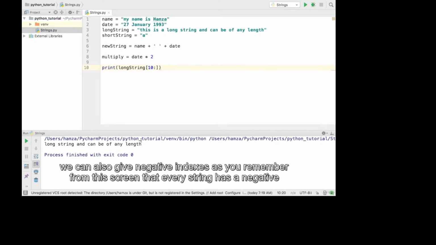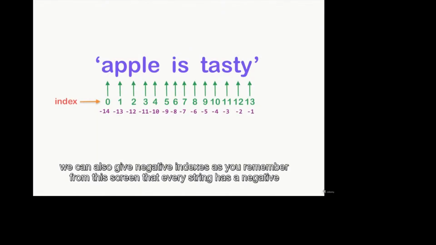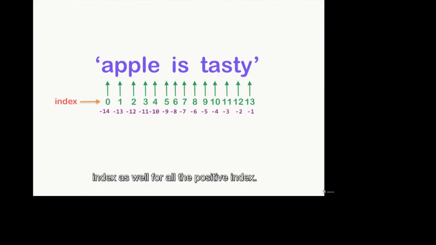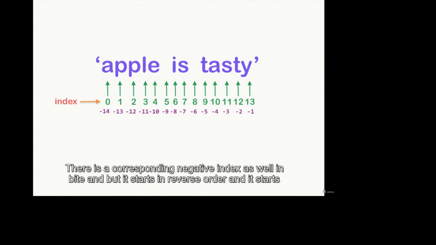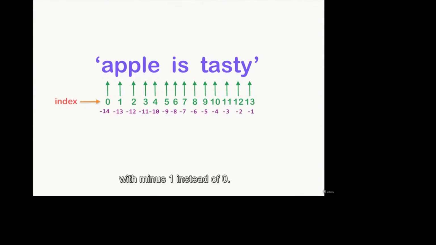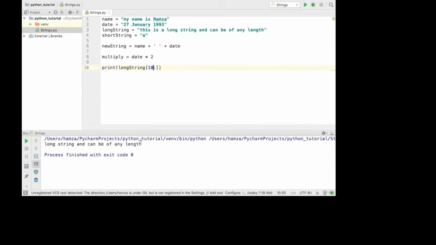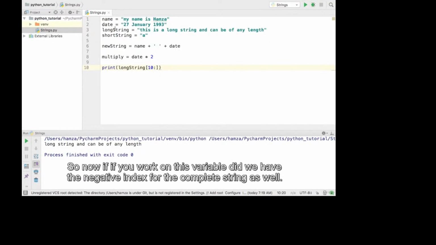We can also give negative indexes. As you remember from this screen, every string has a negative index as well. For all the positive indexes, there is a corresponding negative index in Python. But it starts in reverse order and it starts with -1 instead of 0. So now, if we work on this variable date, we have the negative index for the complete string as well.